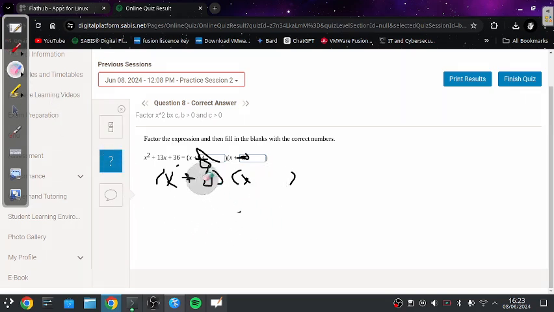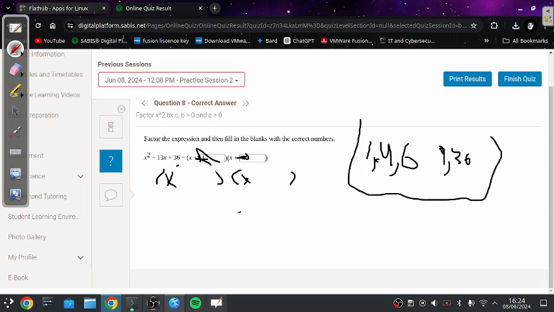Now what you can do, write down the factors of 36. So you have 1 and 36. You have 4 and 9. You have 6 and 6, but you can't write the same number twice. So these are the factors of 36. Now, we've tried this one, so this one's crossed out. Let's try 4 and 9.